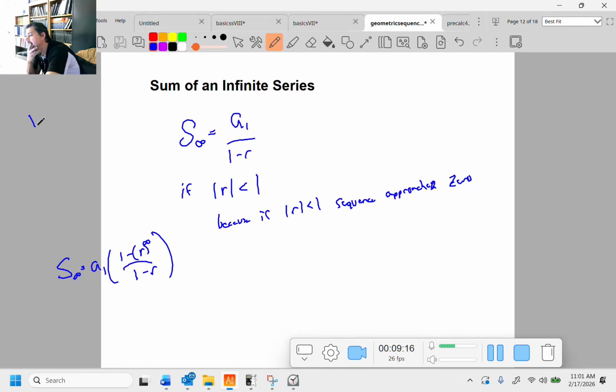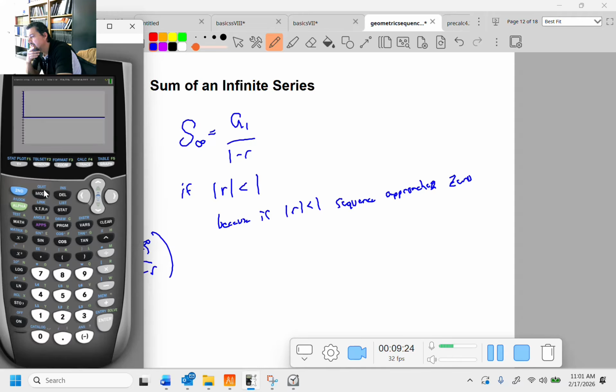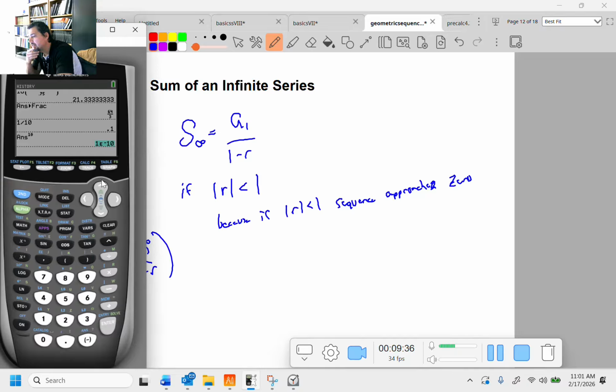Now, if you take a fraction like a tenth, which is less than 1, and you raise it to the 10th power, what you'll discover is it's going to get pretty small. Take a tenth, raise it to the 10th power, and it's already really small. There's 9 zeros in front of that thing. If you take it and raise it to the 20th power, which is, by the way, nowhere near infinity, you can see that it keeps getting smaller and smaller.